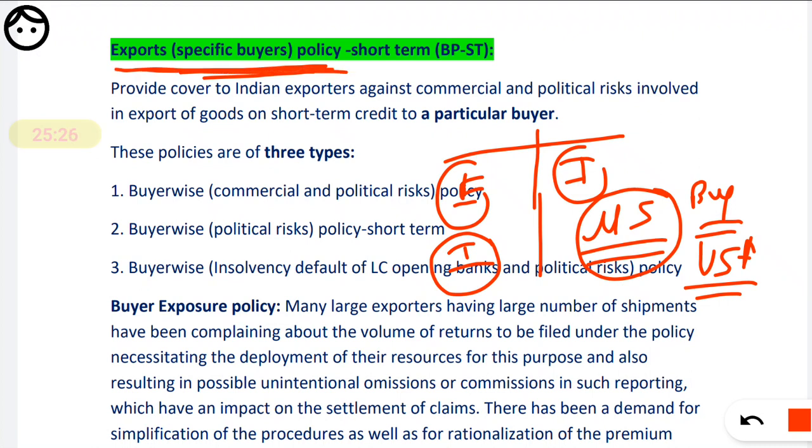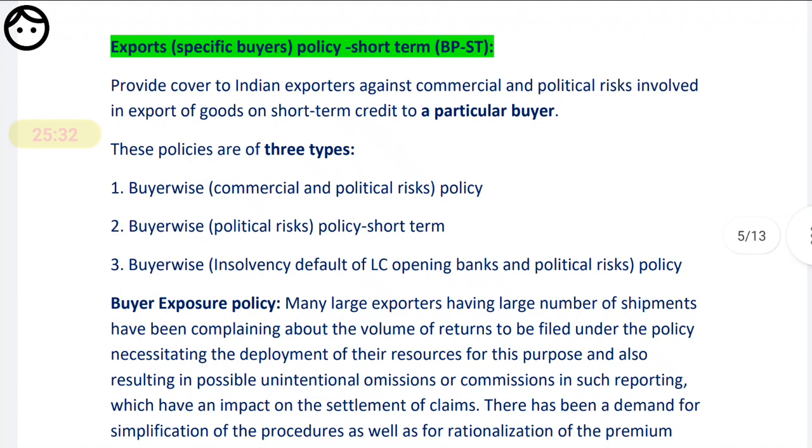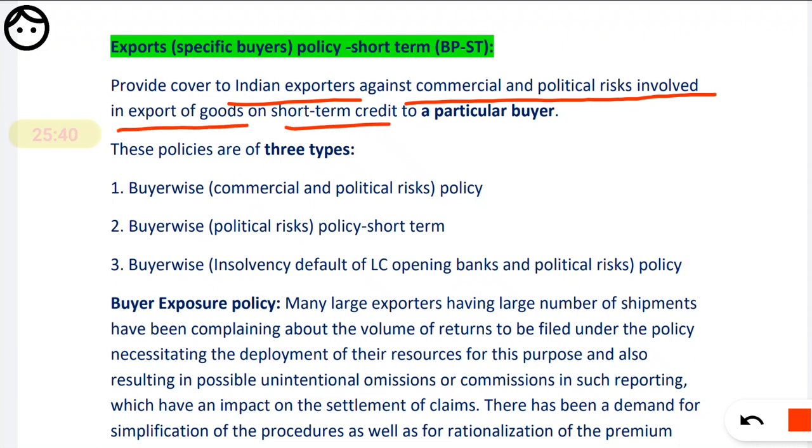It is the specific buyer policy. And see here, it provides cover to the Indian exporter against commercial and political risk involved in export of goods on short-term credit to the particular buyer. When you hear or read the words particular buyer, that's why it is a specific buyer policy. Very easy. And it also has three types.